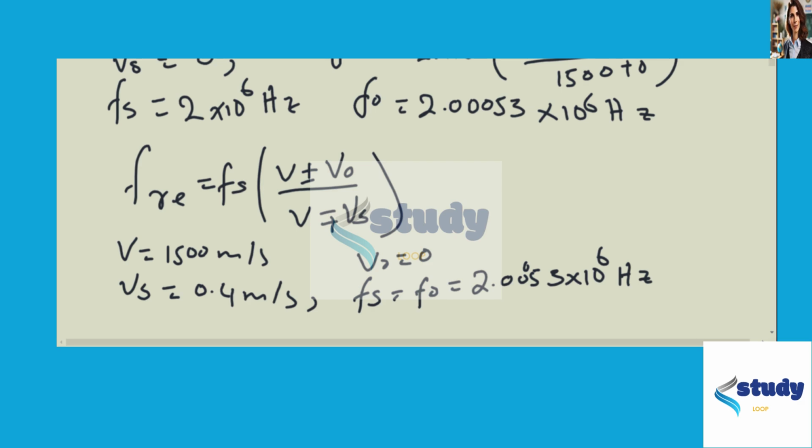For this equation, we will use a minus sign in the denominator because the blood cell is moving towards the receiver.